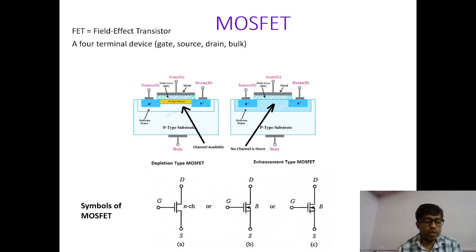The silicon dioxide is deposited on the semiconductor bar, and then the metal is deposited on the silicon oxide. So the semiconductor and the metal act as two plates.